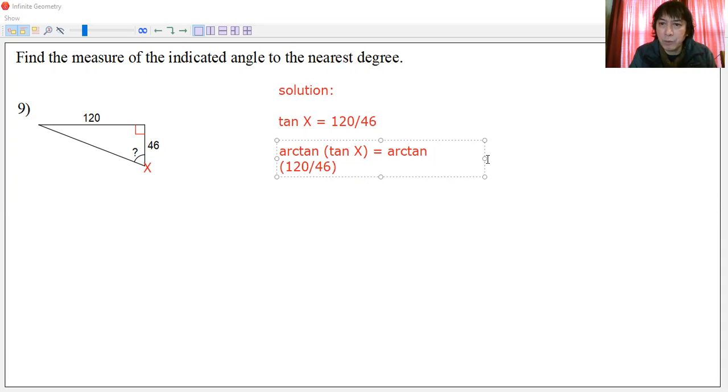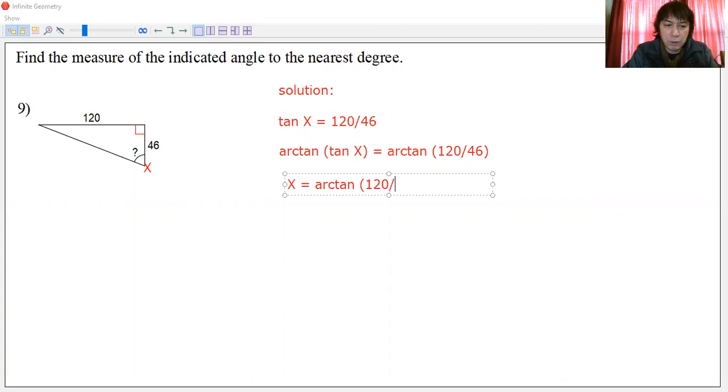Next line will just be x is equal to arctangent of the ratio 120 and 46.